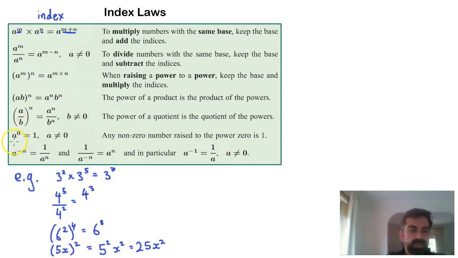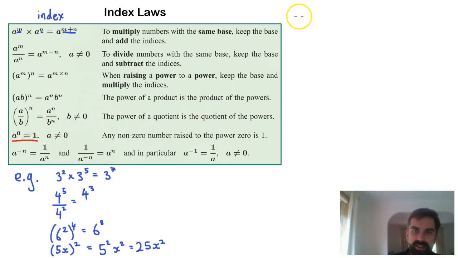So this one here says that if you've got anything raised to the power of 0, then the answer is actually 1. As long as the number being raised to the power of 0 isn't actually 0, in which case it would be 0. So that's a little bit of a strange one.